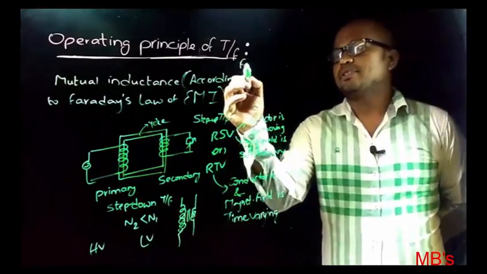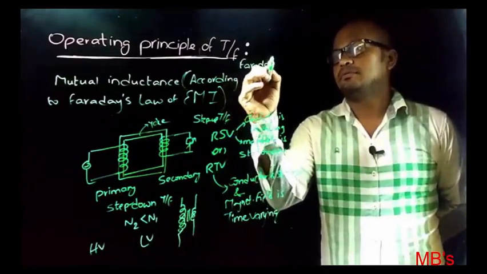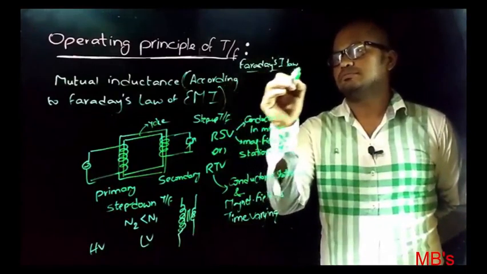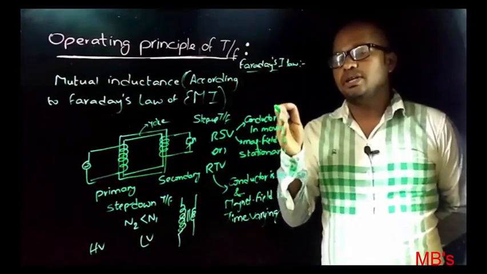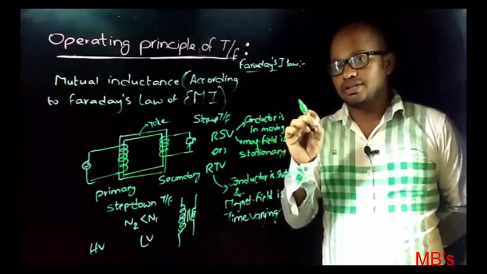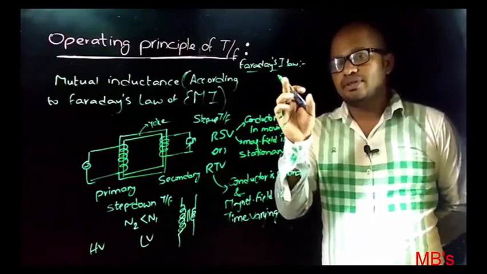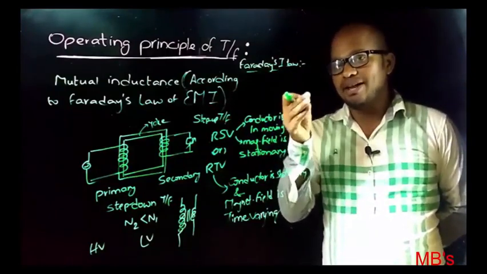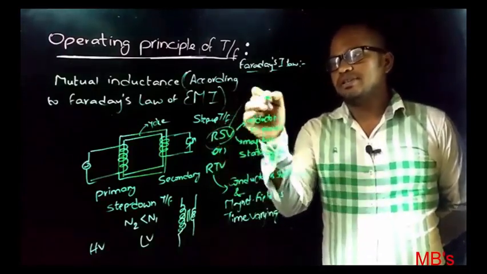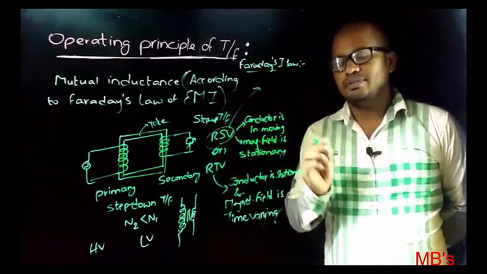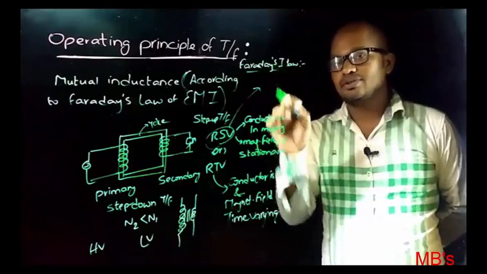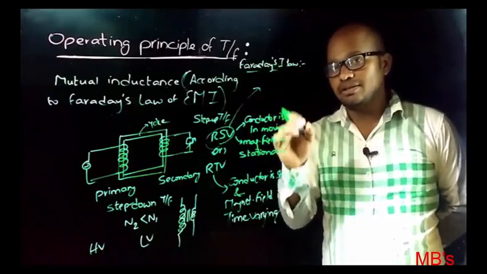So Faraday's first law tells you that when a moving conductor cuts a steady magnetic field, then EMF is induced in that conductor. From Faraday's first law, the conductor is in moving state and the magnetic field is stationary. This is the case of relative space variation, and the EMF induced in this case is called dynamic EMF because the conductor is in moving state.